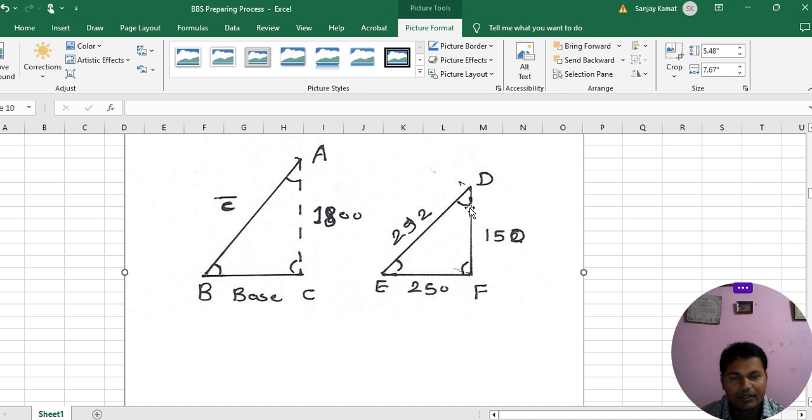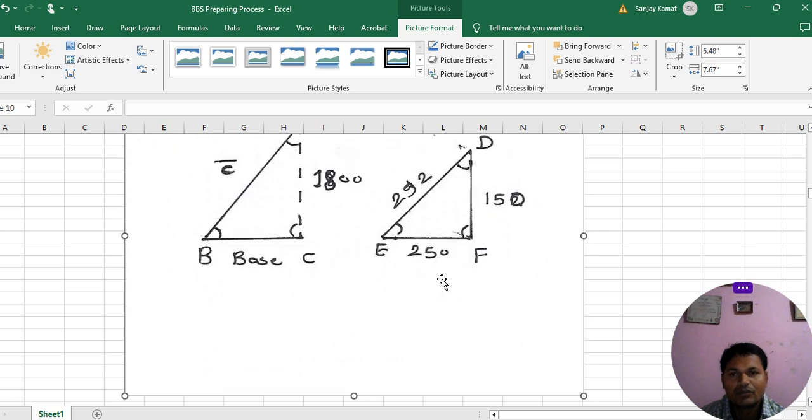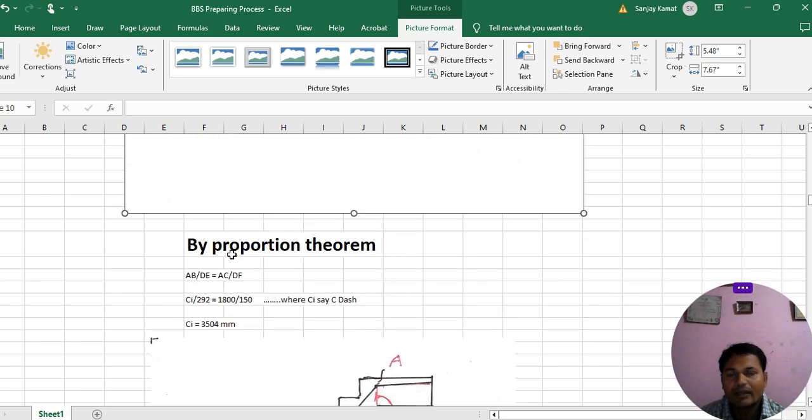Similarly DE is equal to 192 mm, DF is equal to 150 mm, and EF is equal to 250 mm.